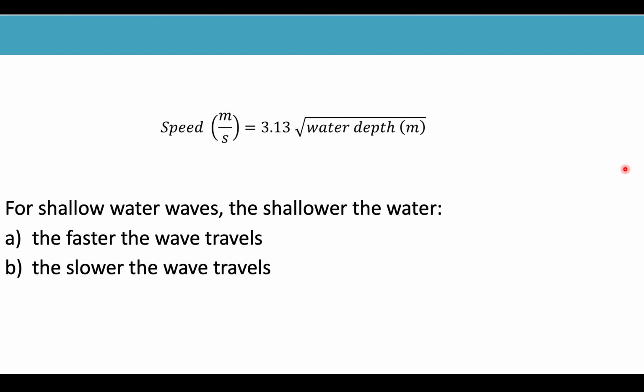So what we're saying here is if we make the water depth smaller, shallower, if we make this number smaller, what's going to happen to the speed? The speed is also going to get smaller. So the shallower the water, the slower the wave travels. The more shallow your water is, the more that shallow water is actually going to slow down the wave.